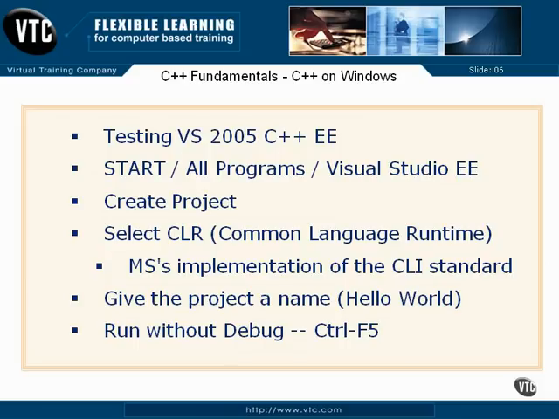What we're going to do is start the Express Edition Visual Studio, and then create a project. We're going to create a Common Language Runtime project, a CLR, and that's Microsoft's implementation of the CLI standard, which is a way for multiple languages, because you see how many languages Visual Studio supports, to be able to depend on one another and to pass data between each other.